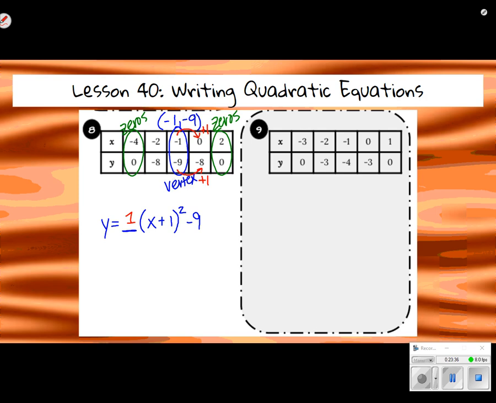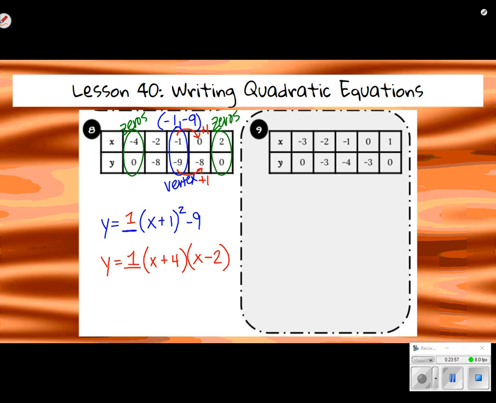If you choose to do it in zeros form, you still have to worry about the a, which we already know, but then you also get the zeros in there. So you have x, and you have x minus 4, oops, becomes plus 4, and then x plus 2 becomes negative 2, and then your 1 is still there.